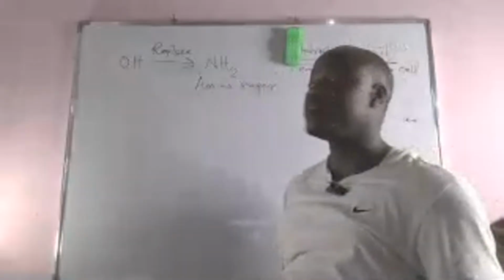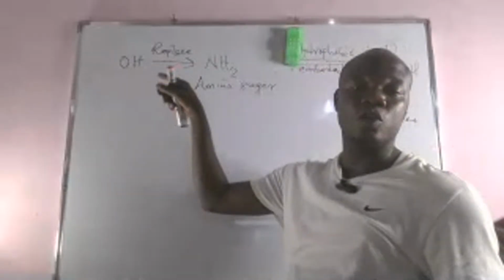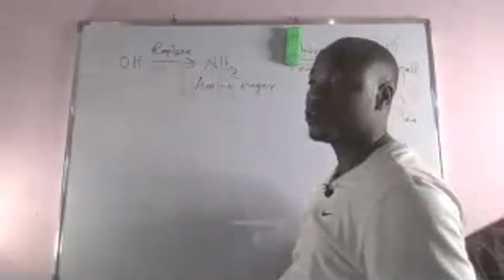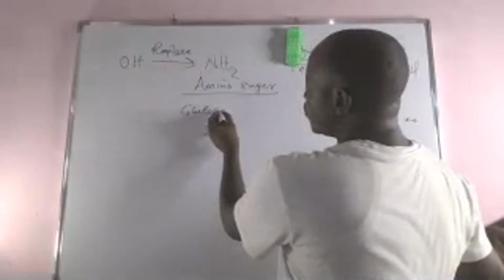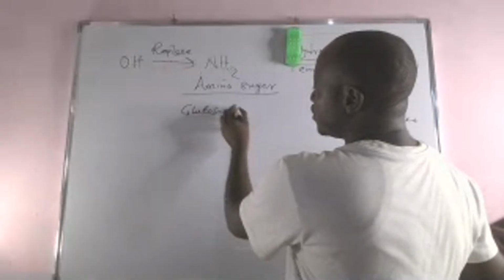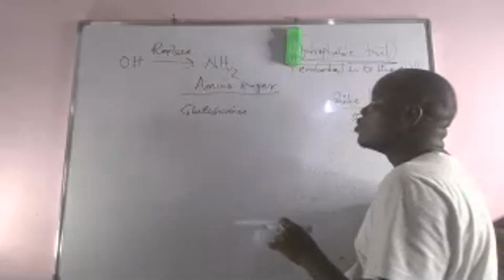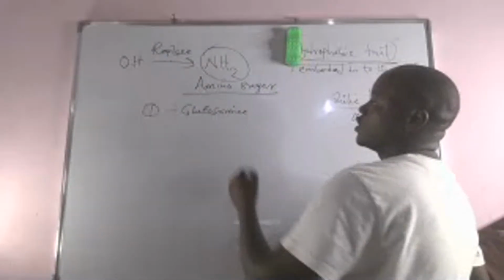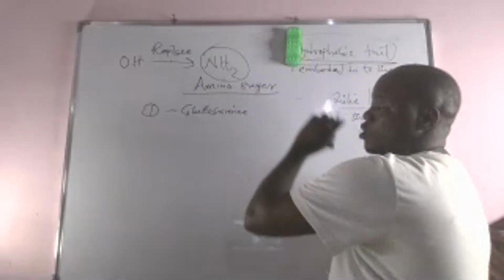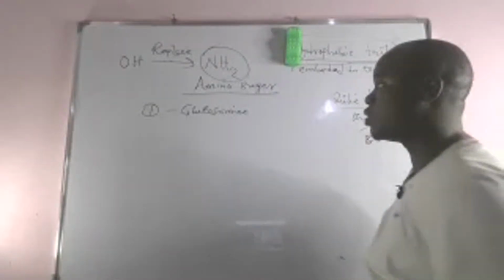For example, if the OH group in glucose is changed with amino, it is now called glucosamine. So glucosamine is one of the examples of amino sugar.